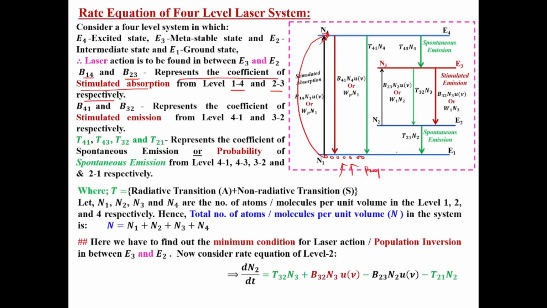With pumping energy, they can be excited up to these levels, so we consider B14 and B23, the coefficients of stimulated absorption. B14 means from level 1 to level 4. B32 means stimulated emission happens from energy level 3 to energy level 2. B32 represents the coefficient of stimulated emission.